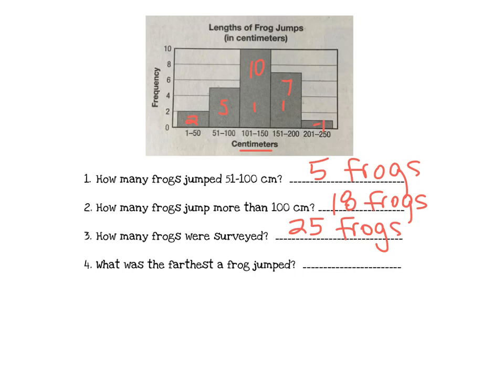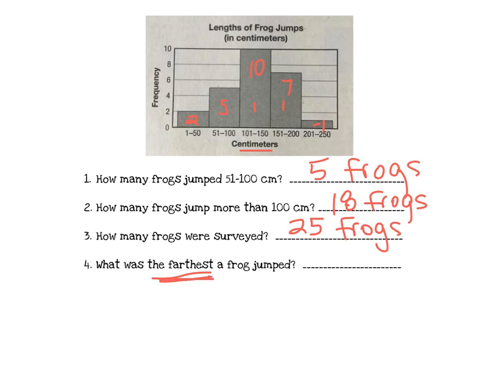All right, and number 4, what was the farthest a frog jumped? Aha, so this is where a histogram is not so good, because we don't know the answer to that question. Just by looking at this histogram, we don't know the farthest a frog jumped.